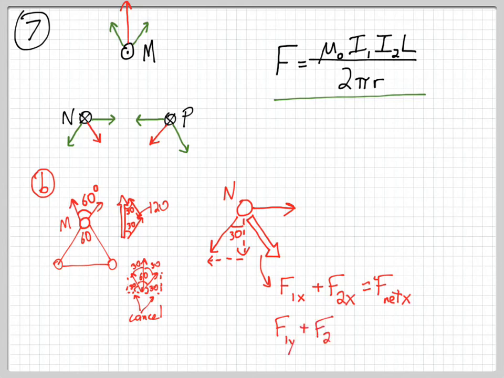F1y plus F2y equals F net y. In this particular problem, one of those y components is 0 and the other is non-zero, but both vectors have an x component. Once you get those net force components, you do the Pythagorean theorem to get the magnitude: the square root of F net x squared plus F net y squared. That's going to give you the magnitude for the final answer.